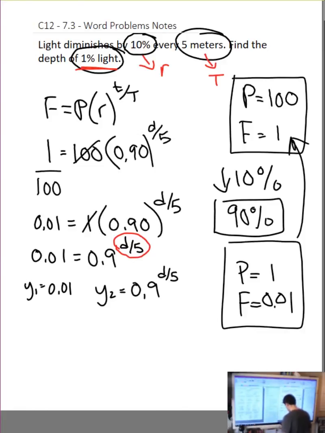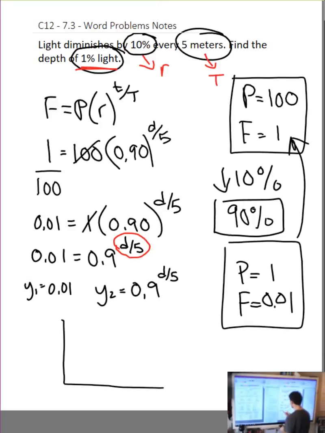And remember, we're putting x as the variable because we don't have a d variable on the calculator. So x, 0.9 to the x over 5, and 0.01. So now before I even hit my window, I know I can't have negative percentages and I can't have negative time, so I'm going to draw an L graph.